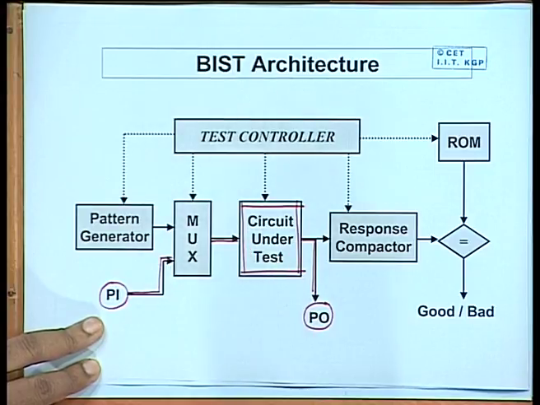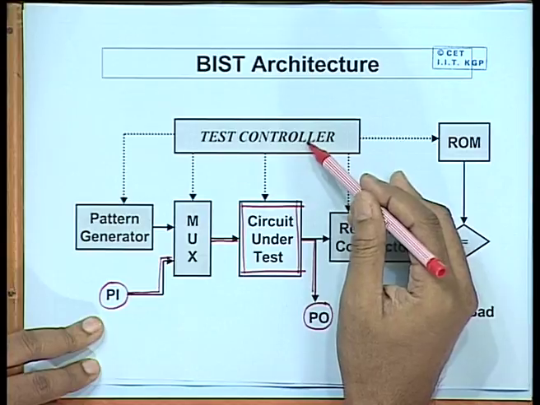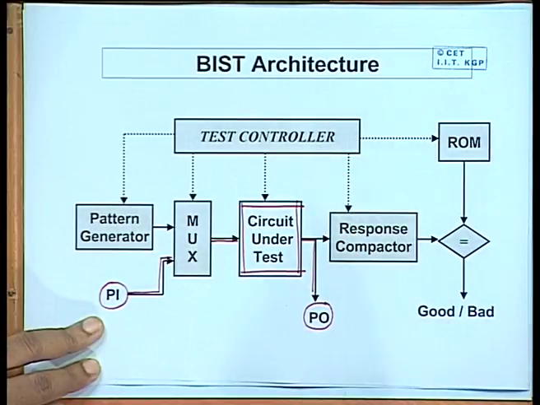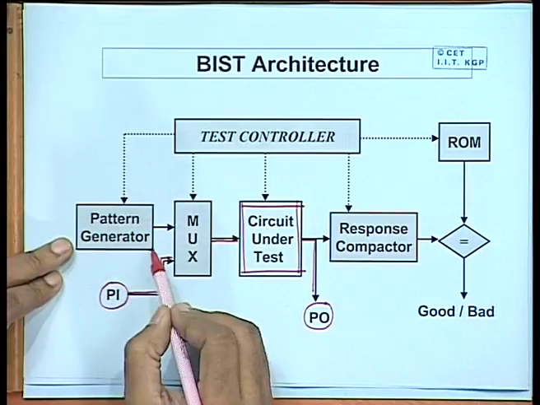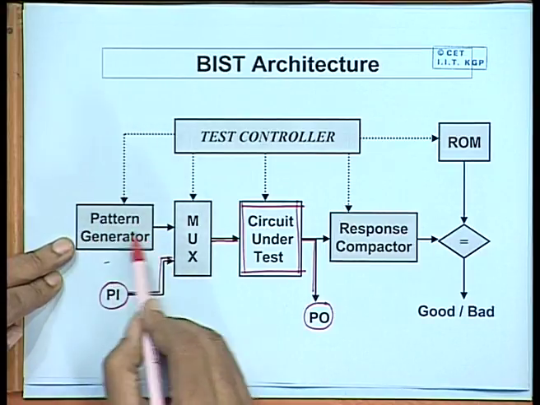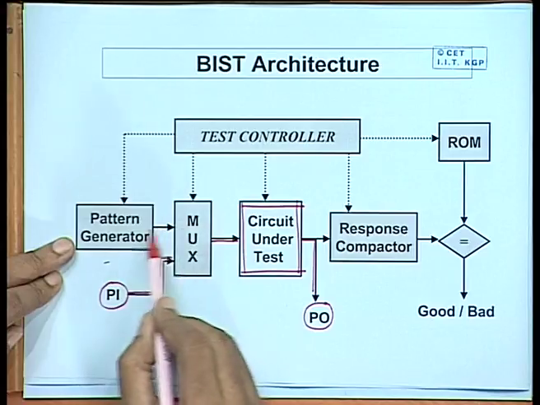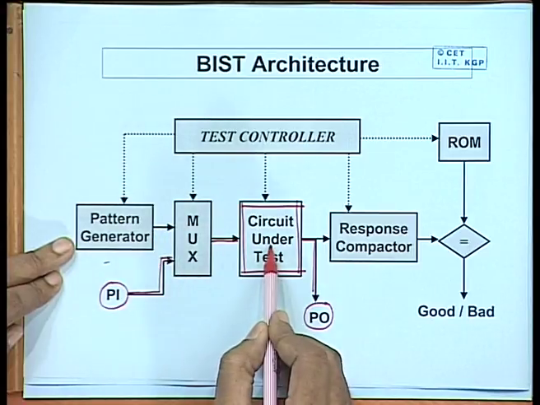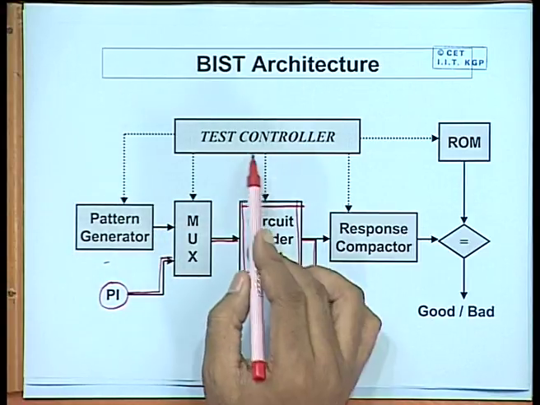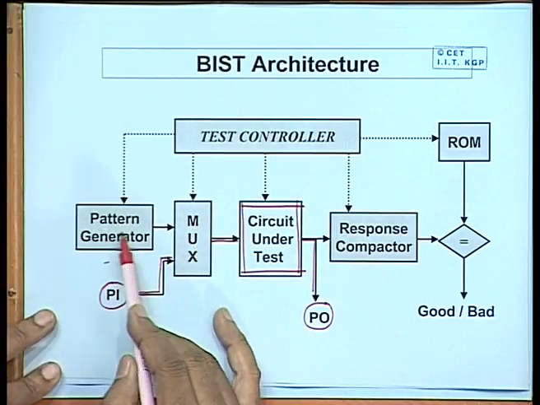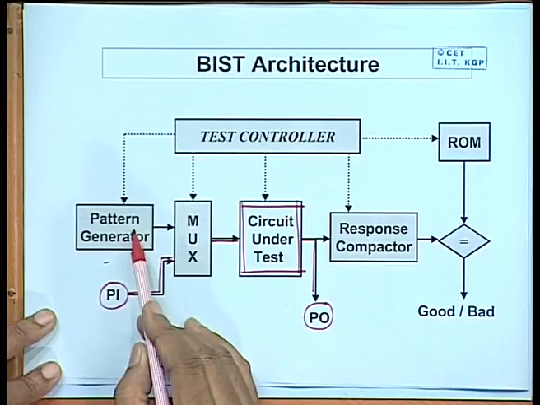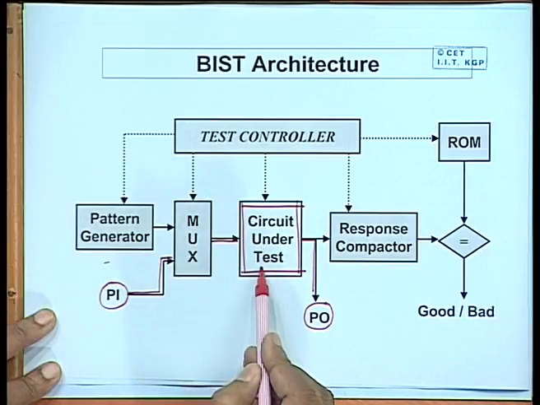Now, in the test mode, the test controller will be controlling several things. First is that there will be a hardware pattern generator which will now start to generate some patterns that will be applied to the circuit under test. The controller will also be controlling the multiplexer, so that now these patterns and not these PIs will come to the input of the CUT.